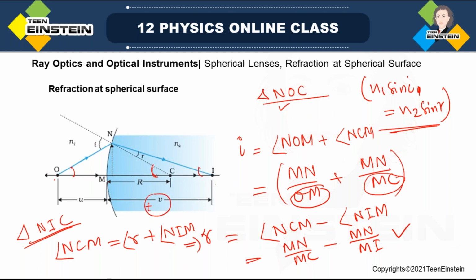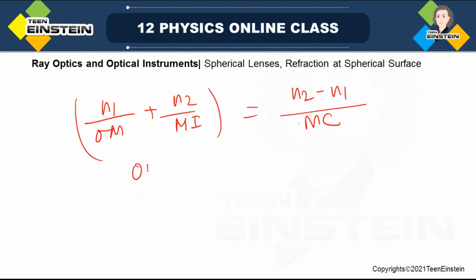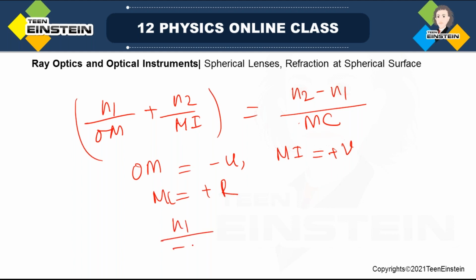OM is nothing but minus U. And MC is the radius of curvature, R. So OM is minus U, MI is the image distance, plus V, and MC is plus R. If you put all those things, I get N1 over minus U plus N2 over V, and on the right N2 minus N1 over R.